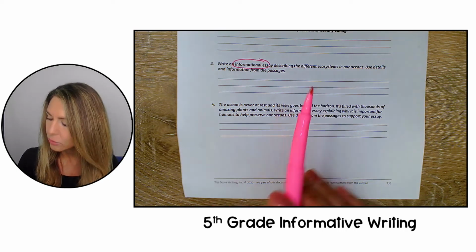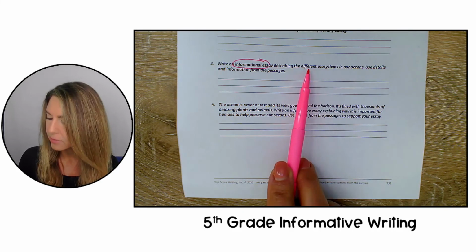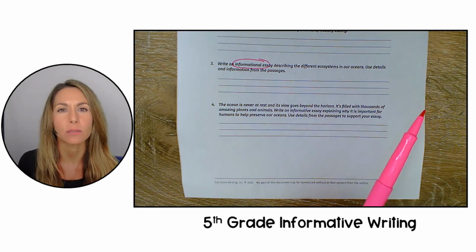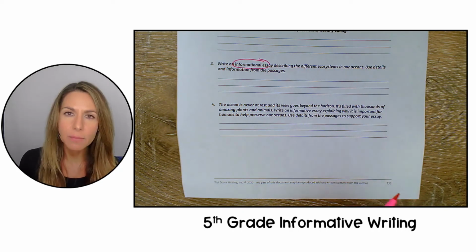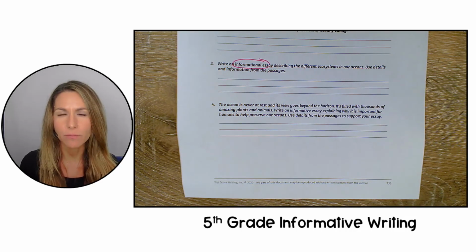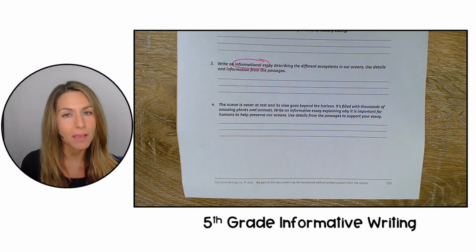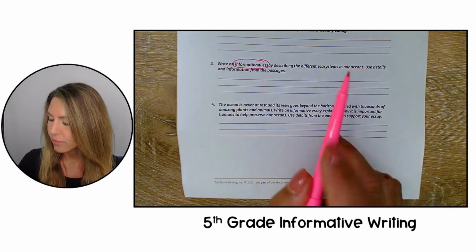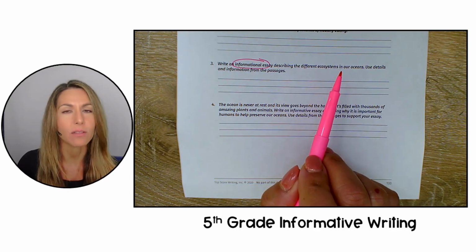Well, we need to inform our reader about different ecosystems in our ocean. So all of the different types or varieties of ecosystems that exist in our oceans is what we should focus our essay on. We are going to give our reader lots of information and facts from the passages about the various ecosystems currently found in the ocean.